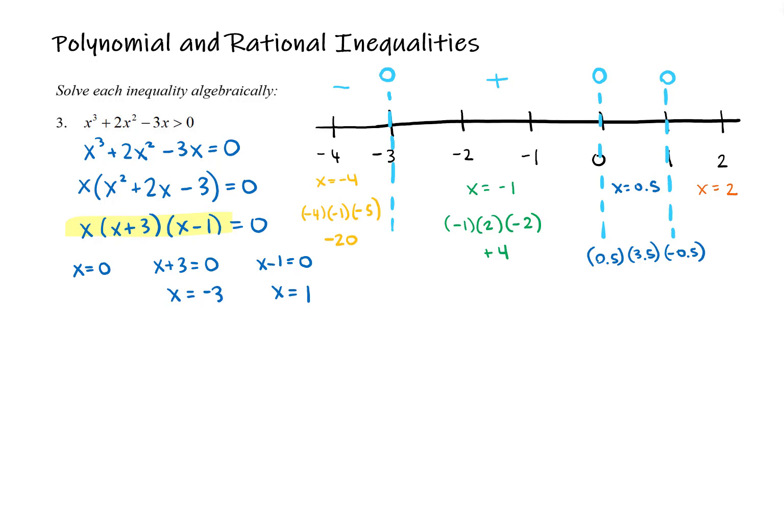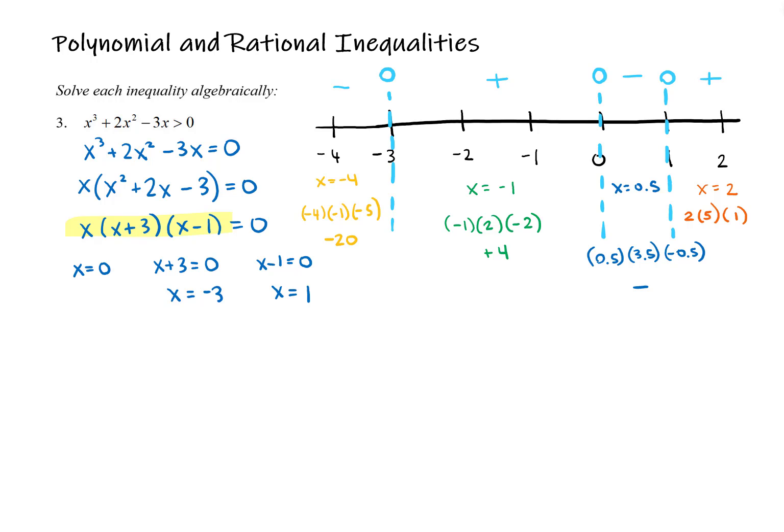And like I said, I don't know what that number is, but if I multiply a positive times a negative, my answer is negative. And I'm not going to take the time to multiply that out, because all I need to know is if it's positive or negative. And then when I plug in 2, I get x plus 3, and x minus 1. And that becomes positive 10. Once again, I just care if it's positive or negative when I plug it in.